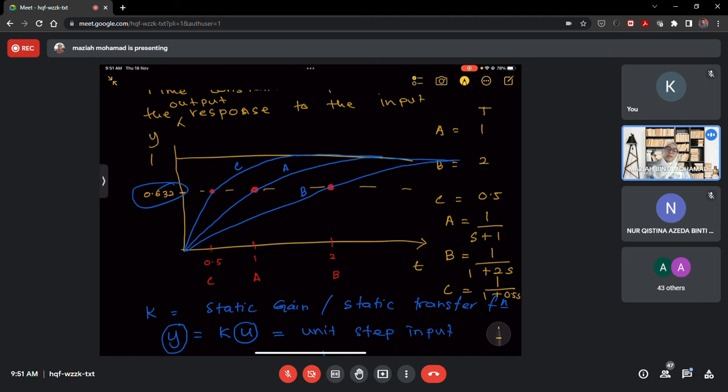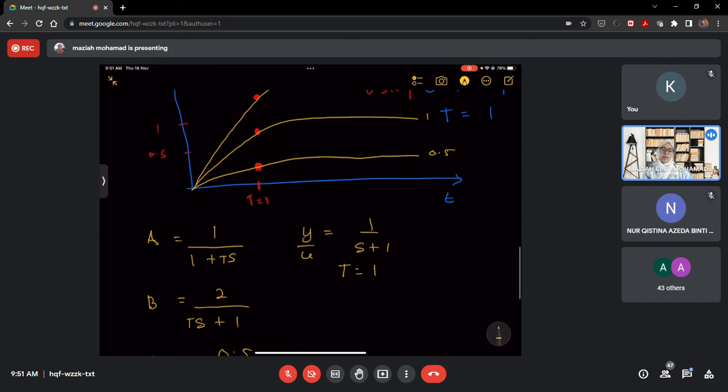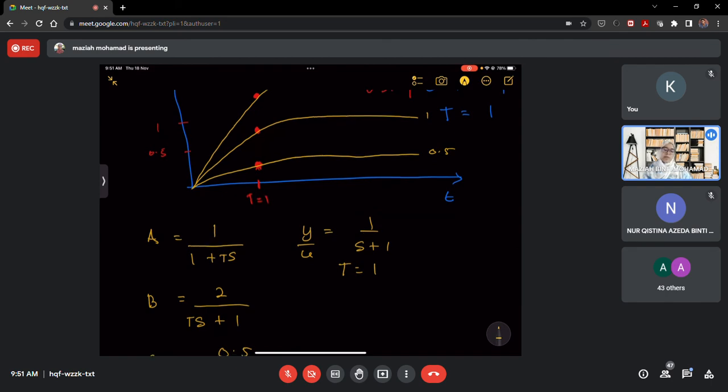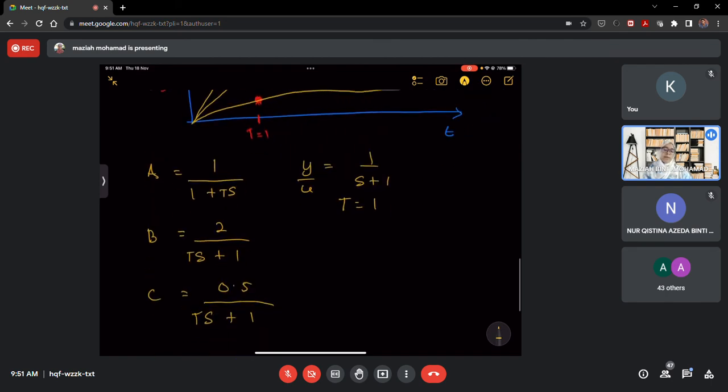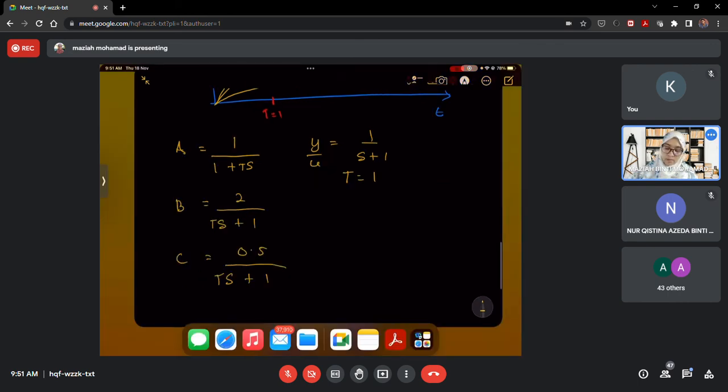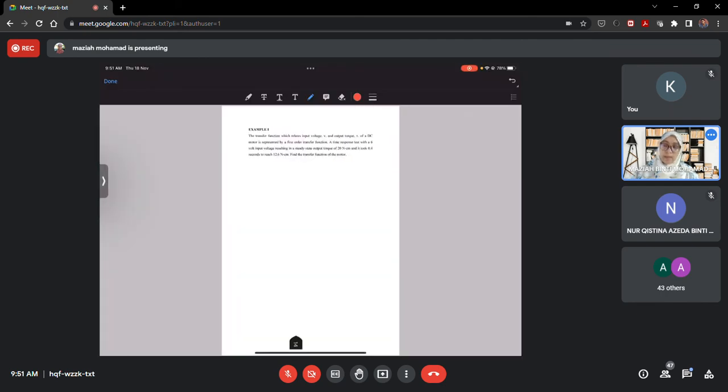That is the transfer function that explains the behavior of A, B, and C for the time constant effect. And this one is the transfer function to explain the gain effect. Any question on that?